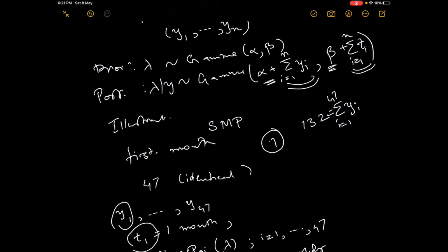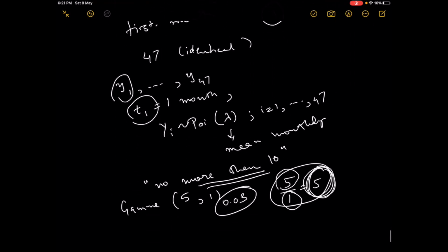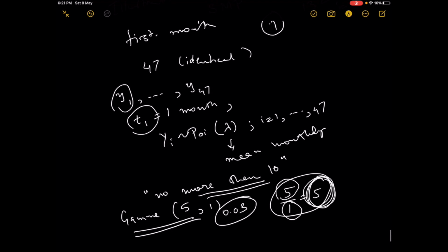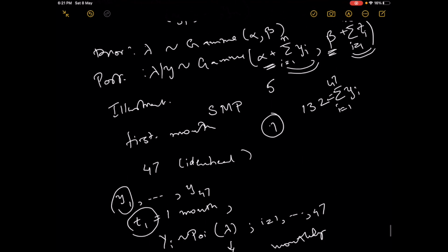My updated posterior, with a prior of 5-1, will be 5 plus 132 and 1 plus 47. So my posterior comes out to be a gamma distribution with these parameters.